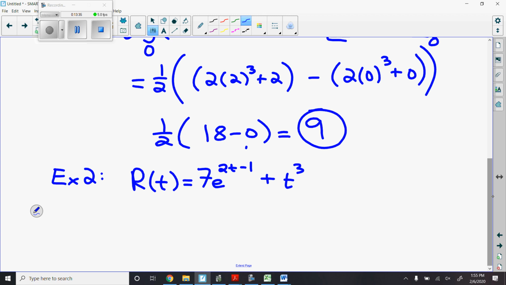So let's say we have this function here, r of t equals 7e to the 2t minus 1 plus t cubed.